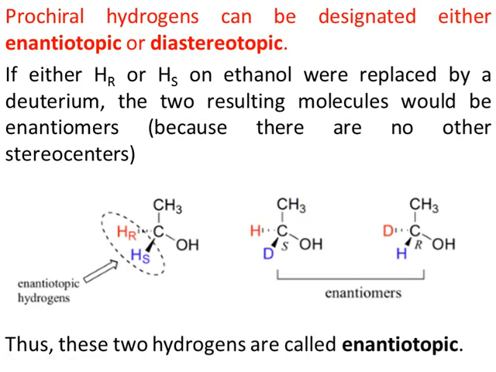Now the next terms are enantiotopic and diastereotopic. You know that we have designated these hydrogens as pro-S or pro-R because this carbon is a prochiral center and these hydrogens are prochiral, right? But here we have another term, known as enantiotopic.